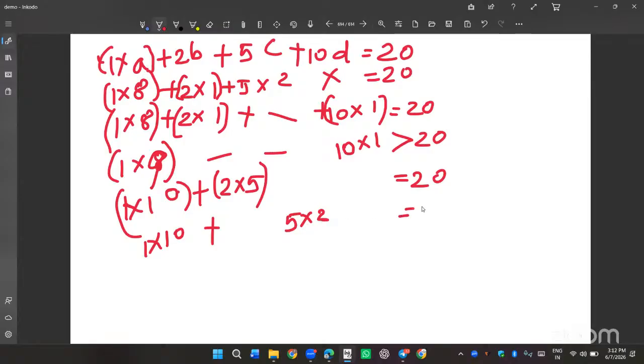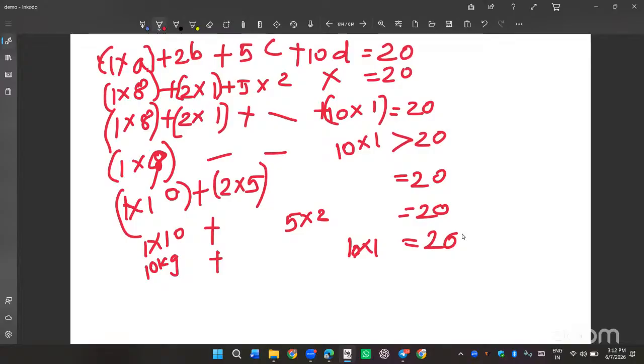So I get 20 kg. Again here 1 kg 10 times, so 10 kg, plus 10 kg one time. So 20 kg we can get. So this is another way.